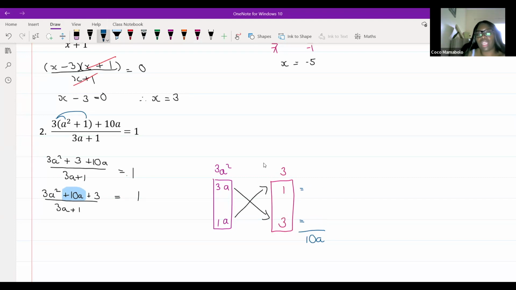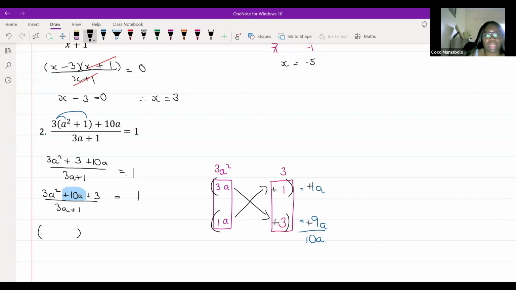I'm going to get 3a times 3 will give me 9a. 1a times 1 will give me 1a, and indeed 1a plus 9a will give me 10a, right? So I know that in my two brackets, when I'm factorizing, I need them both to be positive, because positive 1a plus 9a will give me 10a. So that one must be plus 1 and plus 3.